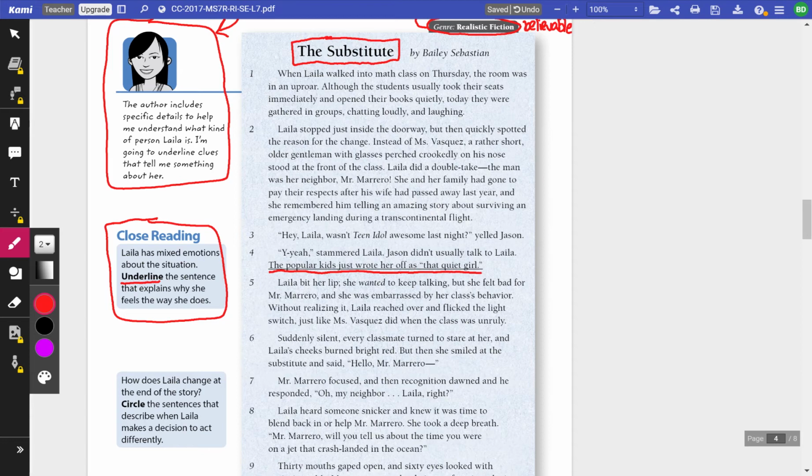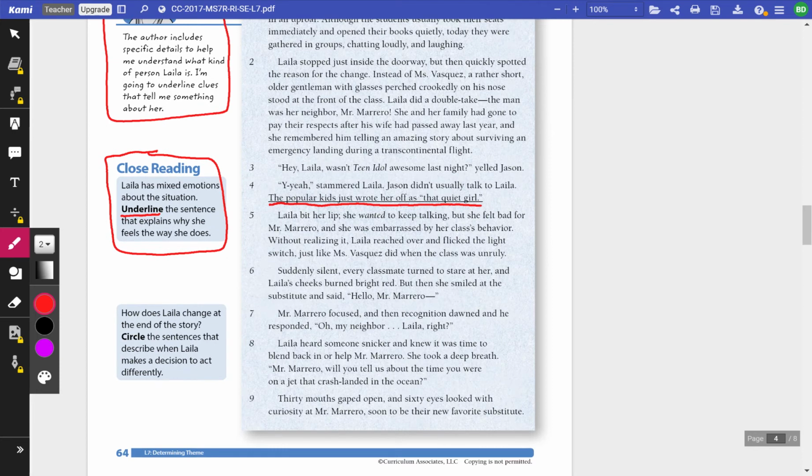Okay, so hopefully you were able to find that on your own, but let's go ahead and talk about it together. So here is one section of the story that shows how Layla has mixed emotions and why she feels the way she feels. In paragraph 5, it says Layla bit her lip. She wanted to keep talking, but she felt bad for Mr. Marrero, and she was embarrassed about her class's behavior.